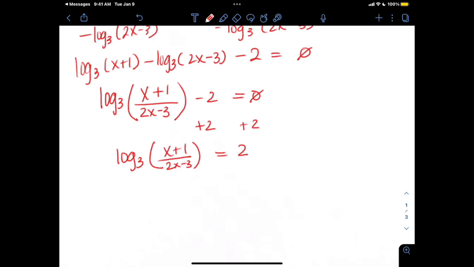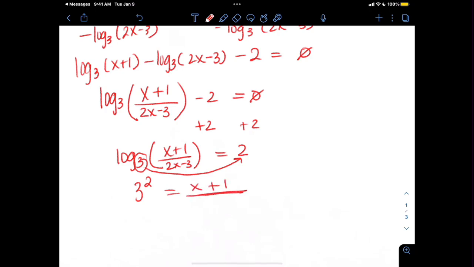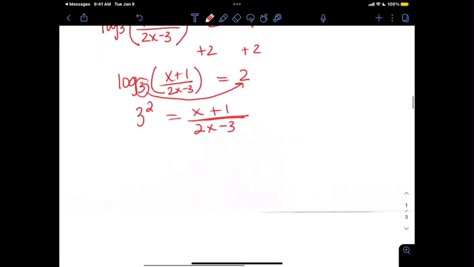Now that I'm here, I want to get rid of this log. So I'm going to say that 3 to the power of 2, because I take whatever's here and put this as my exponent, is equal to x plus 1, all divided by 2x minus 3. Now, 3 squared is 9, so 9 equals x plus 1 divided by 2x minus 3.